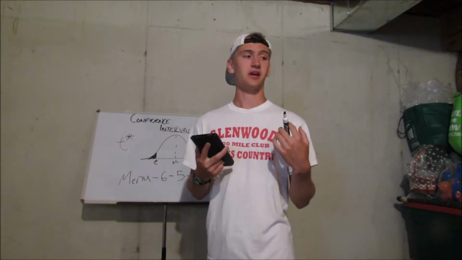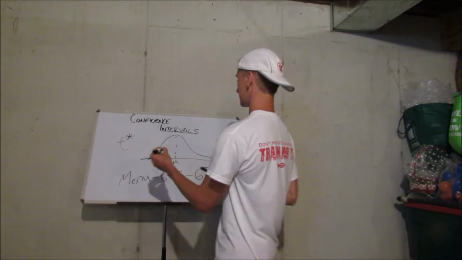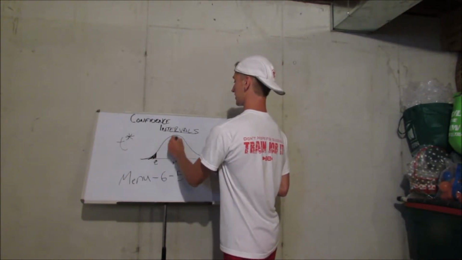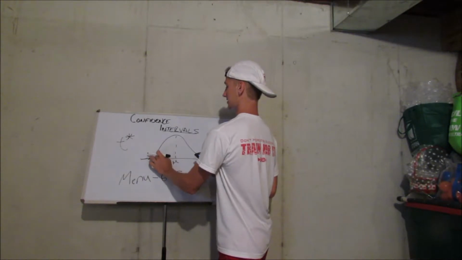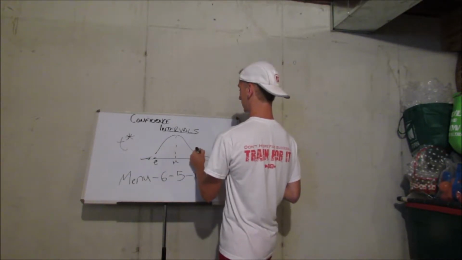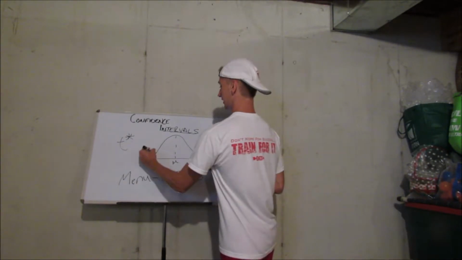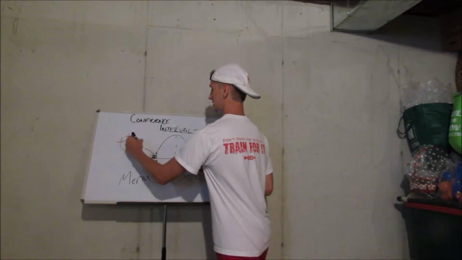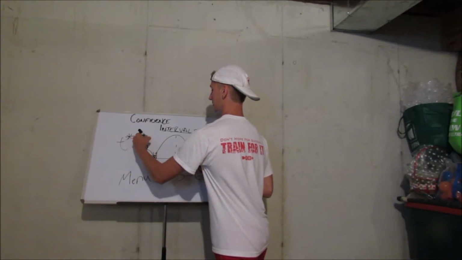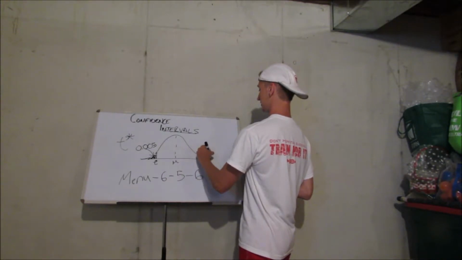Let's say we want a 99% confidence interval. Your 99% is going to be in the middle here, and the area outside it has to be split in half on both sides. So located in this area right here has to be 0.005, because you have it on this side too.